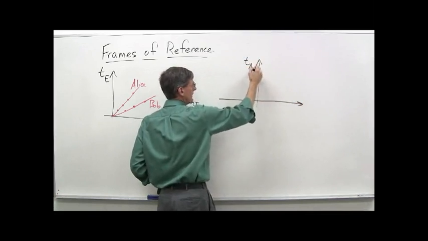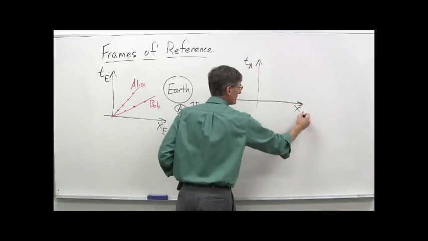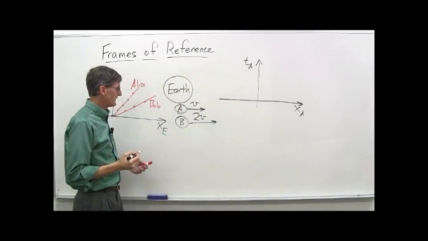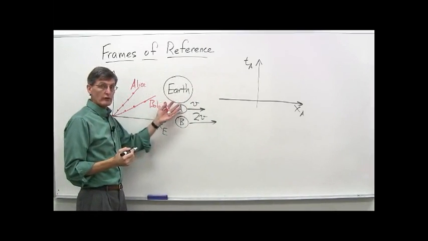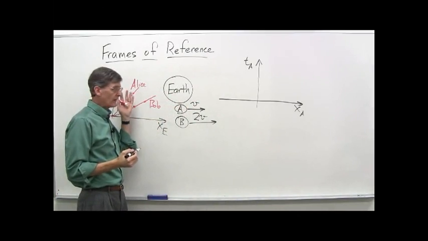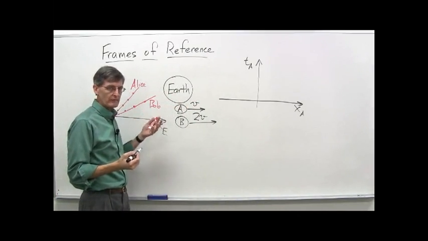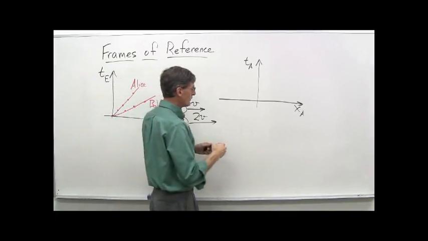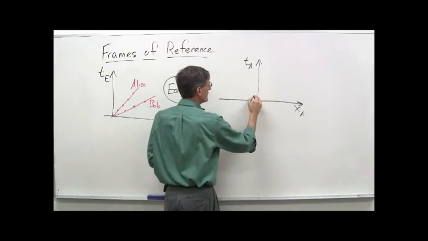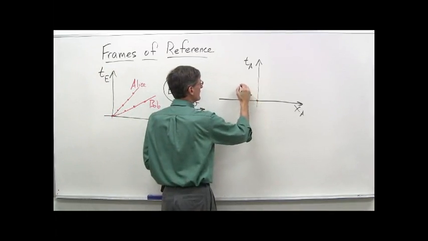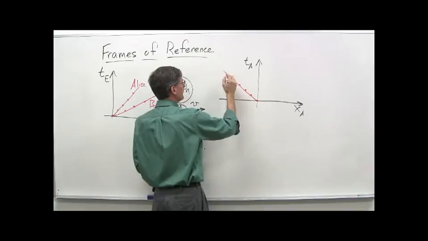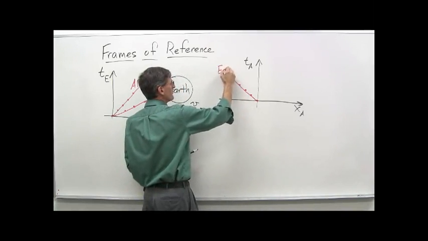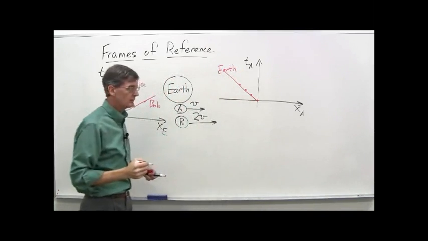So T sub A for Alice and X sub A. For Alice's perspective, she sees Earth going backwards to the left in the negative direction at velocity v. And so that would look something like this. There's that line there. So that would be what Earth would look like from her perspective.